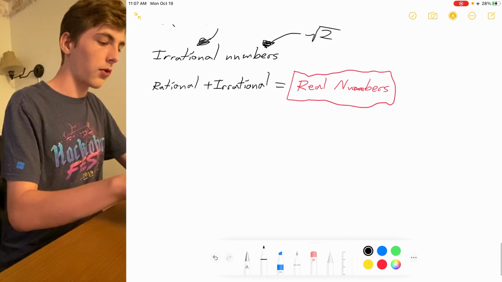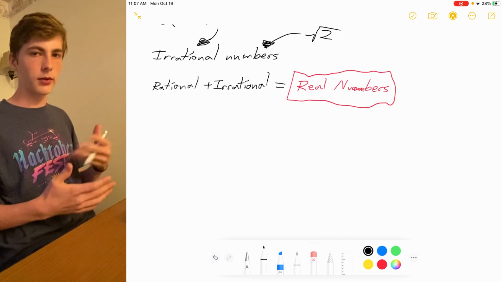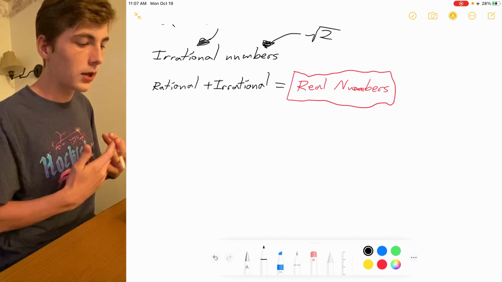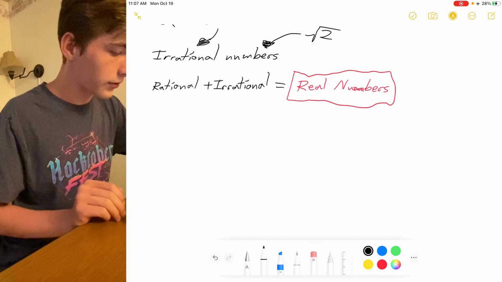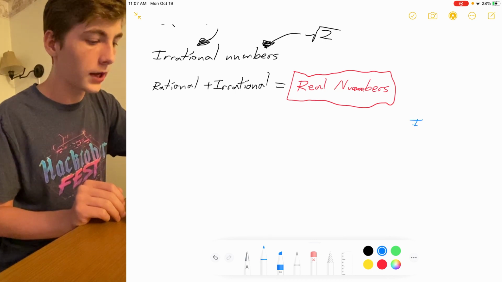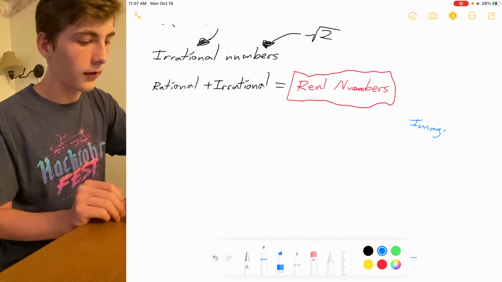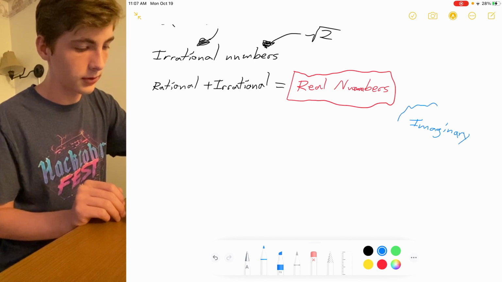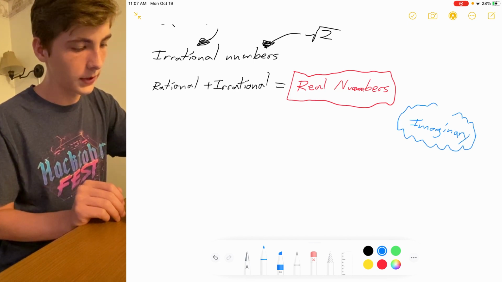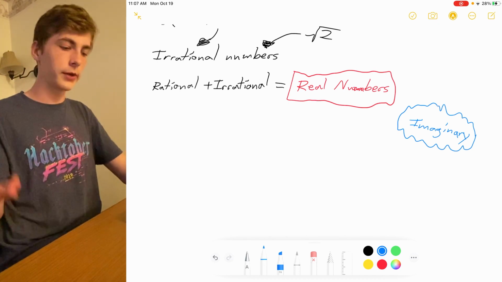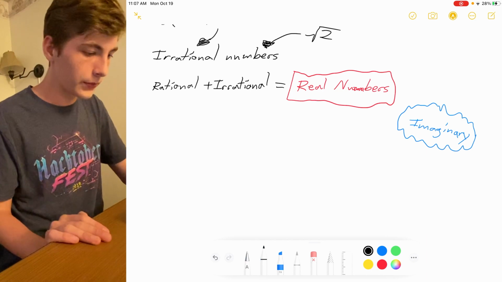And that's probably what we're going to be using most of the time when we're talking about different equations and things. It turns out there's actually another set of numbers called the imaginary numbers, and those are numbers that don't exist, and that's really interesting too, which will be covered later on in Algebra 2 a little bit.